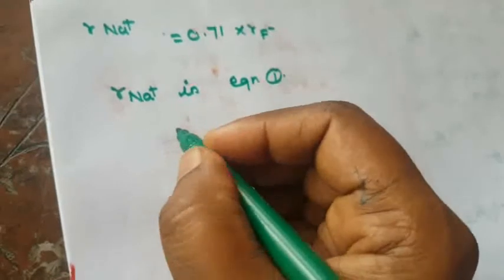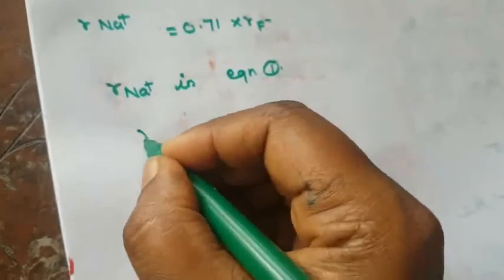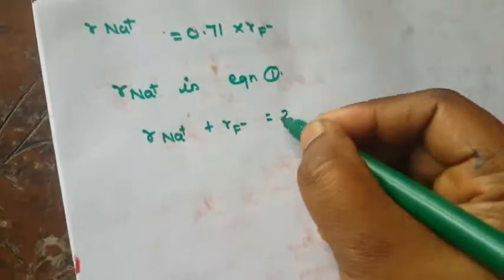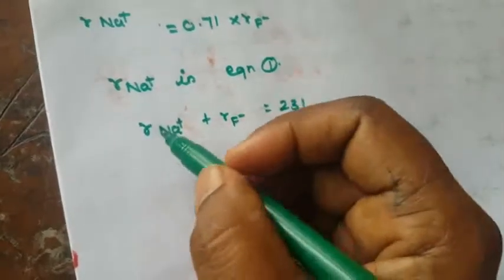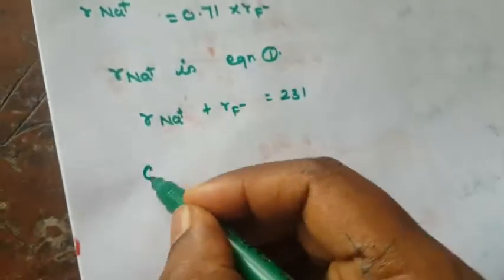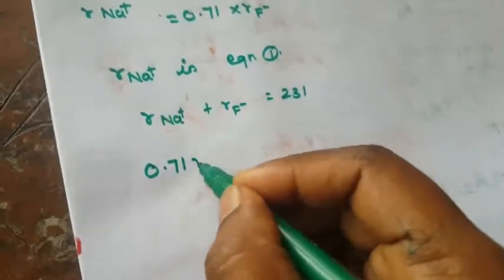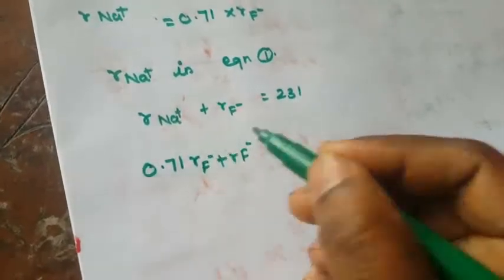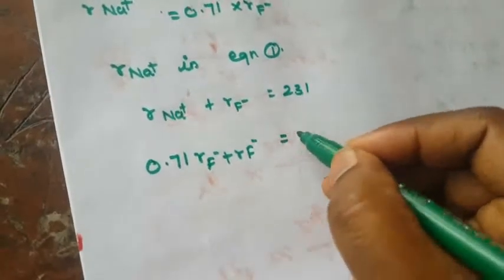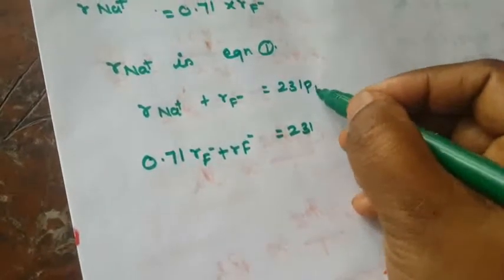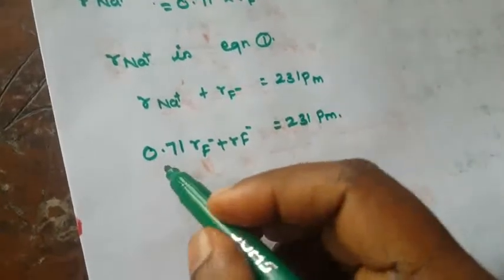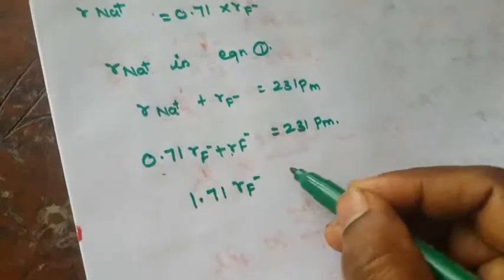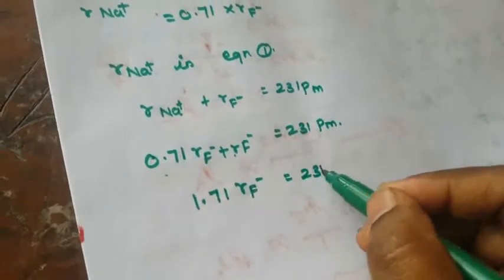Radius of Na plus plus radius of F minus equals 231 pm, picometer. Substituting, 0.71 R F minus plus R F minus equals 231 pm, so 1.71 times radius of F minus equals 231 pm.